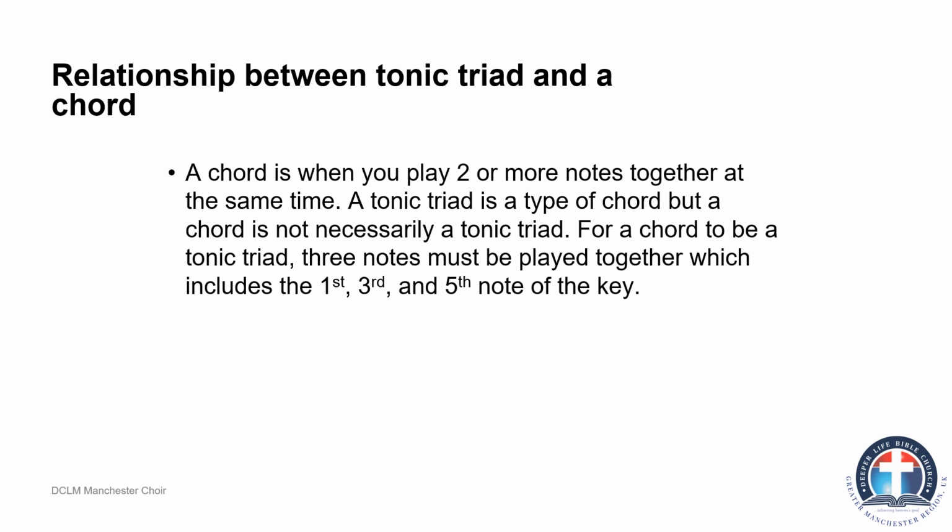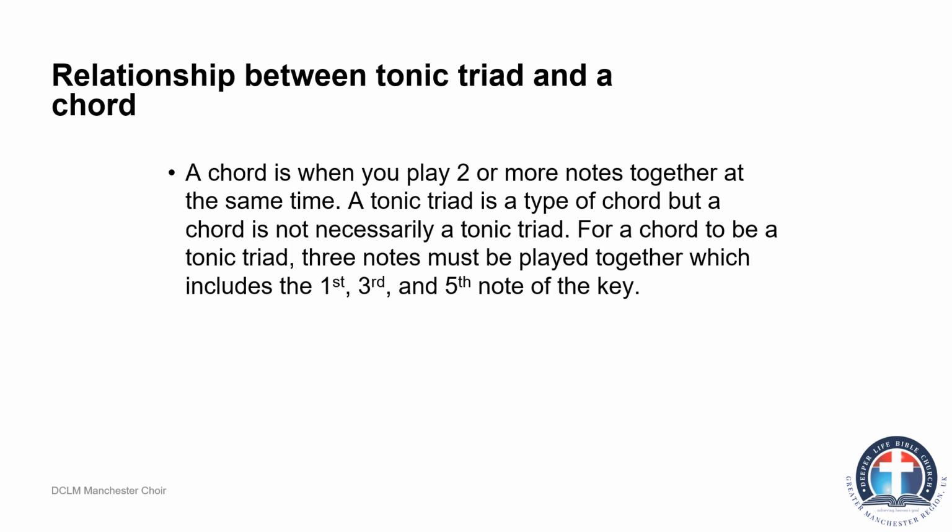Then the tonic triad is a type of chord. A tonic triad is a type of chord, but a chord is not necessarily a tonic triad. Okay, so for a chord to be a tonic triad, remember from the beginning we talked about what is a tonic, what is a triad. You join them together, combine three notes, play together, starting with a tonic.